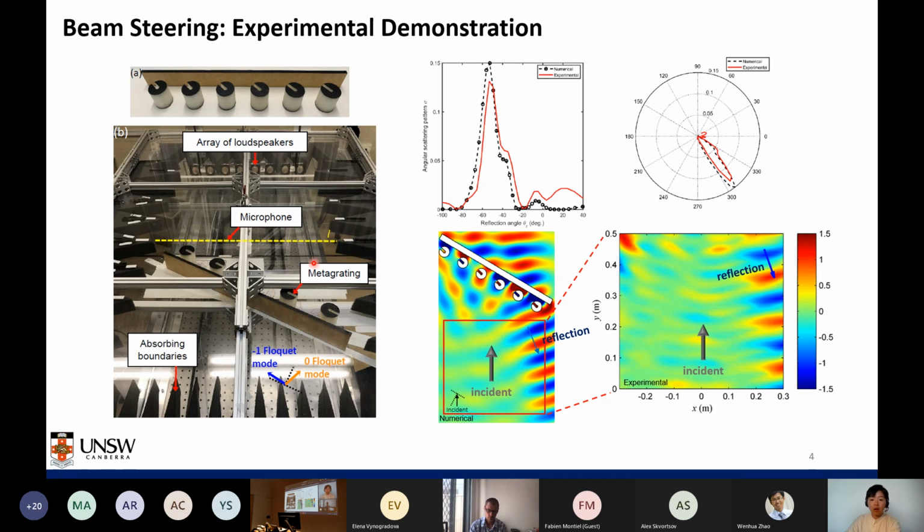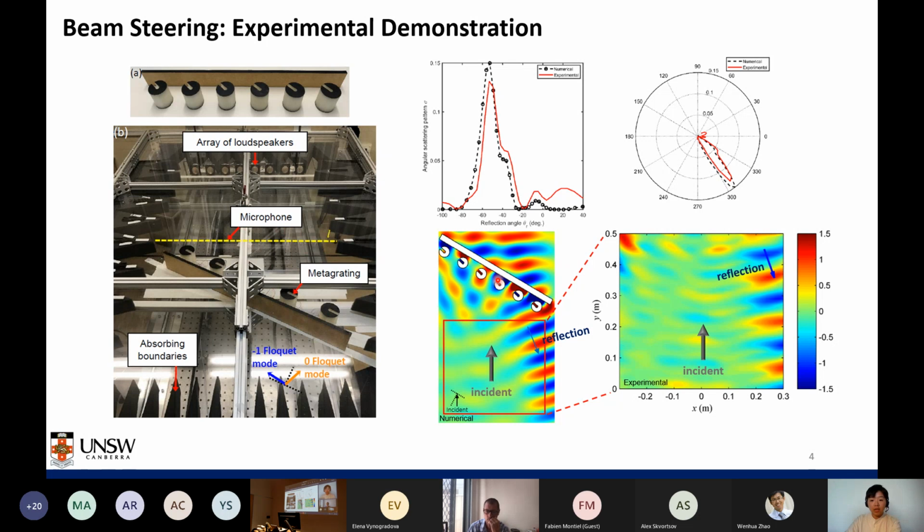To apply the oblique incident plane wave, this metagrating was oriented with its surface normal at an angle, and in this case, the angle is 30 degrees relative to the direction of incidence of the fixed sound source.